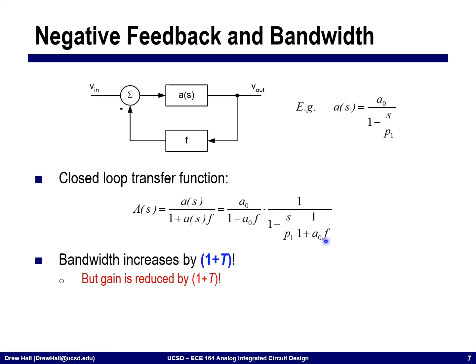This means that we have a bandwidth that has gone up by 1 plus T, but the price that we paid for that was we gave up gain. Our open loop gain was reduced by this 1 plus T term.